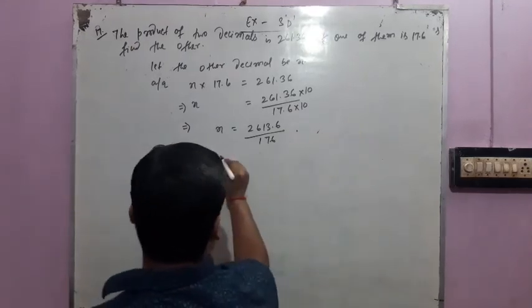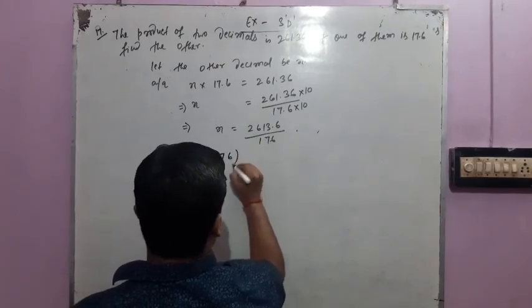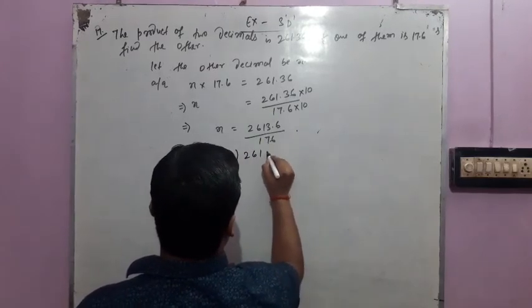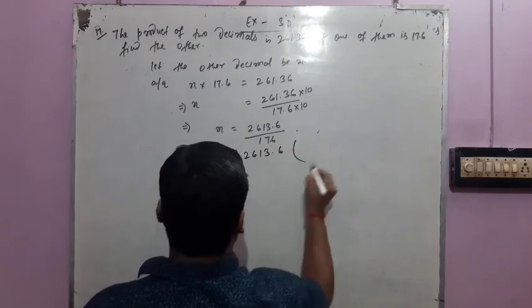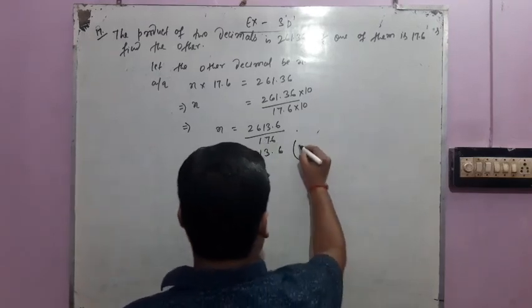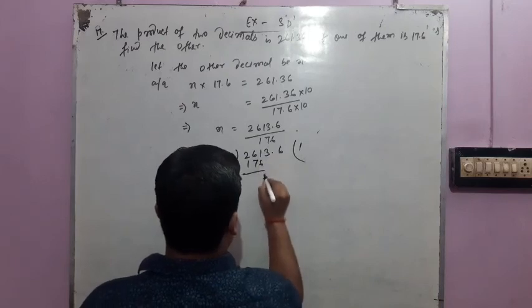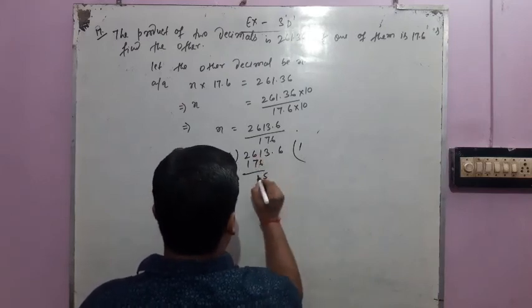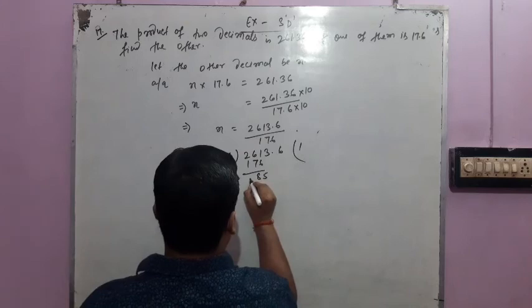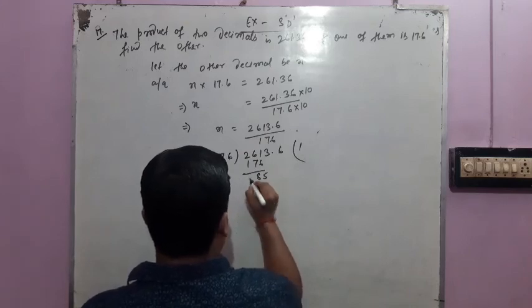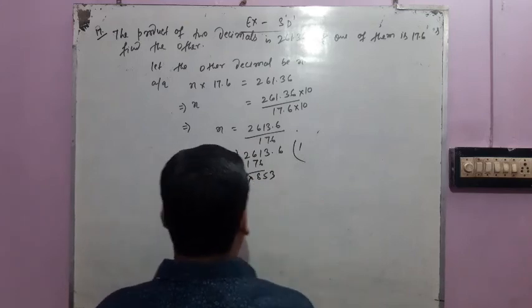Here we have to divide 2613.6 by 176. 1 time. 11 minus 6, 5 here, 50 minus 7, 8, and 1 cancel here, 853.